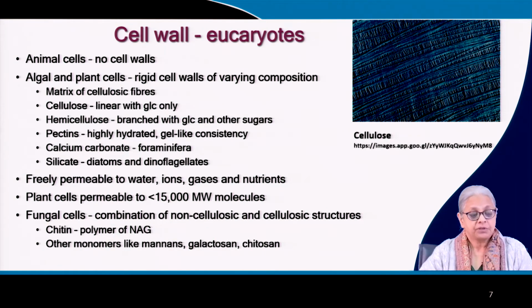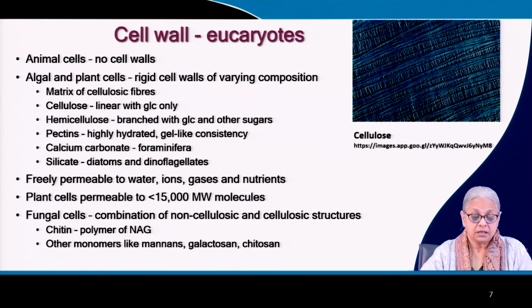Then we come to the fact that the cell walls of eukaryotes are freely permeable to water, ions, gases, and nutrients. That's how these organisms are able to survive in their environment. That's very different from the prokaryotes.